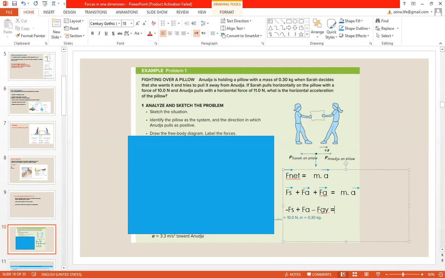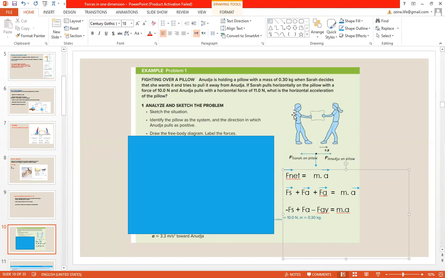It's equal to mass times acceleration. Here, let me tell you something now. If the pillow is going either to the right or to the left, let's study the motion of the pillow. It's not moving upwards or downward. It's moving along the x direction, along the horizontal axis, right?